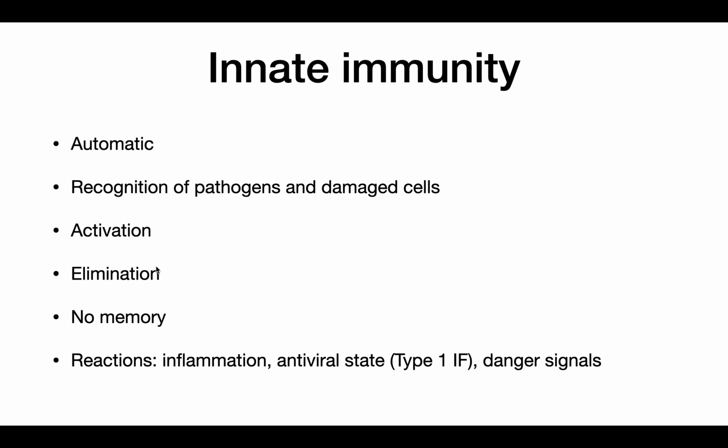It's eliminated by natural killer cells. There is no memory, so each time around, it does take a little bit of time for the reaction to occur. And the reactions are going to be the inflammation, along with type 1 interferon being released, and the danger signals, which can be cytokines or interferons or TNF.